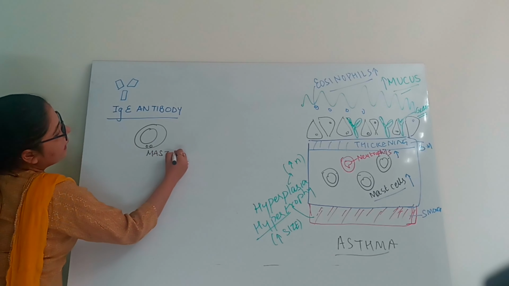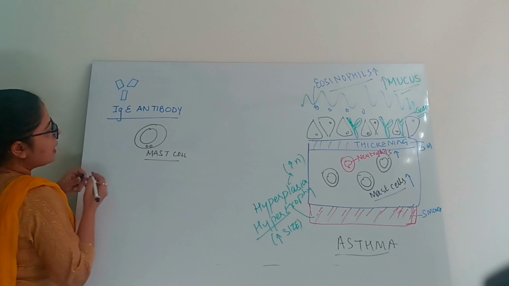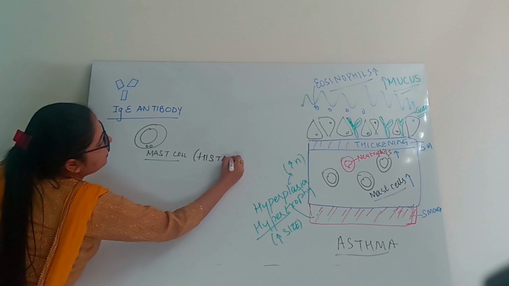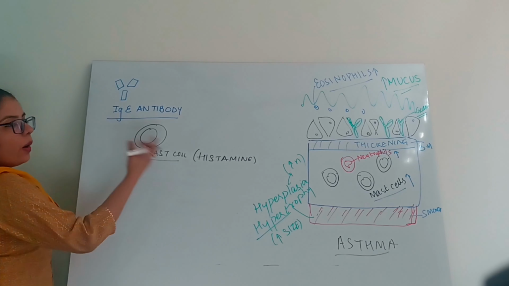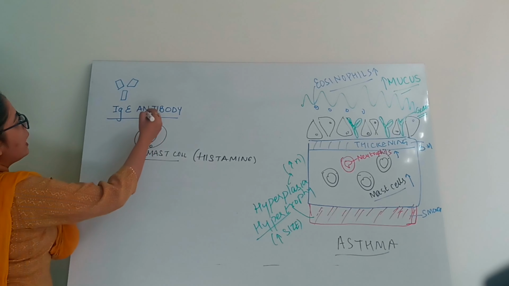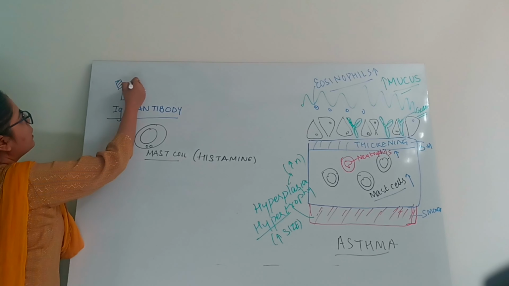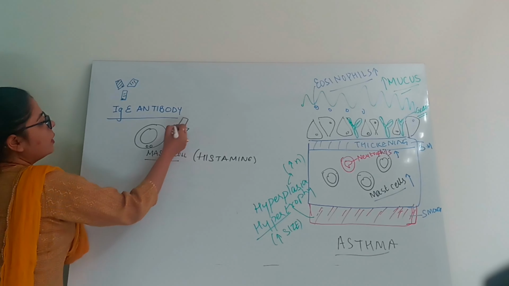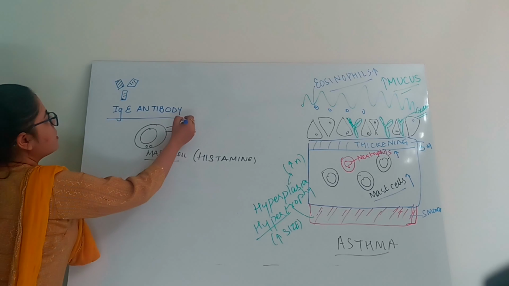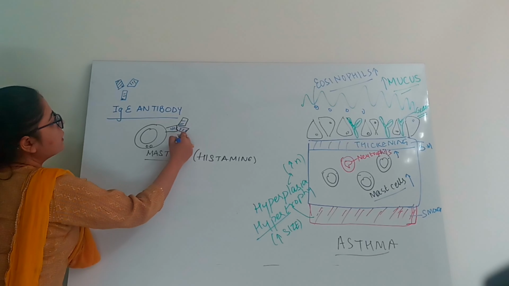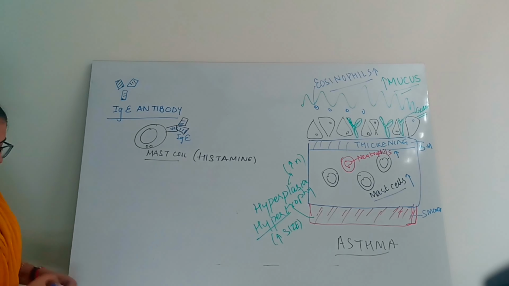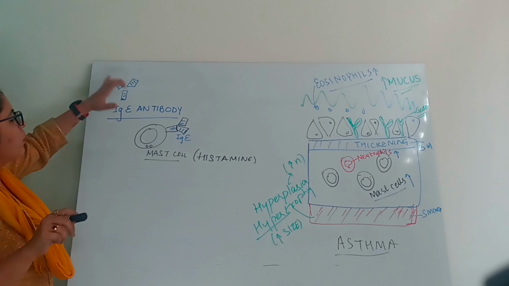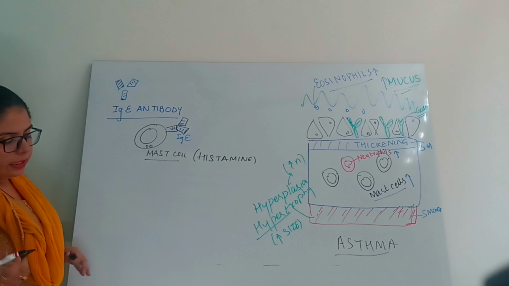One thing we have already learned is that mast cells are responsible for the secretion of histamine. Now in the pathophysiology, we'll be learning how the IgE antibody, an immunoglobulin, binds to the mast cells during the trigger of asthma, and there is the release of histamine.